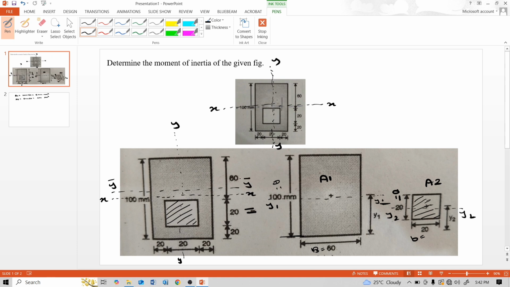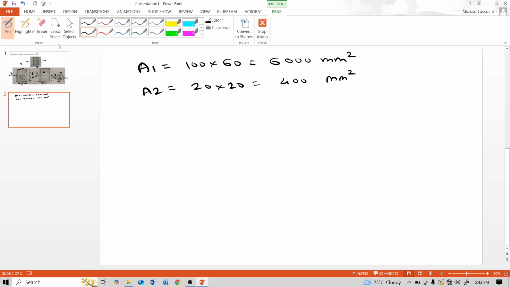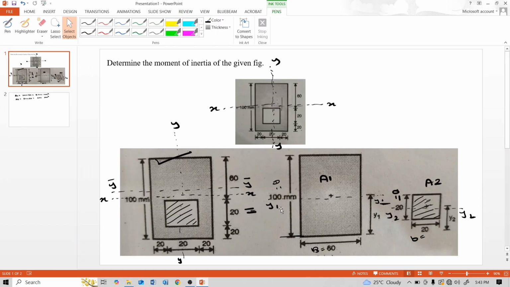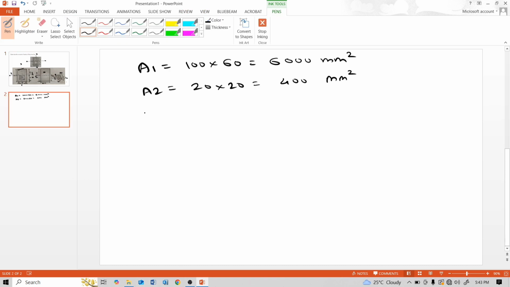So first, to find the original neutral axis from the bottom of this section, we first calculate the neutral axis of each part. The neutral axis for this rectangle is denoted by y1 and that of the square section is denoted by y2. y1, neutral axis from the bottom, is 100 by 2, that is 50 mm.